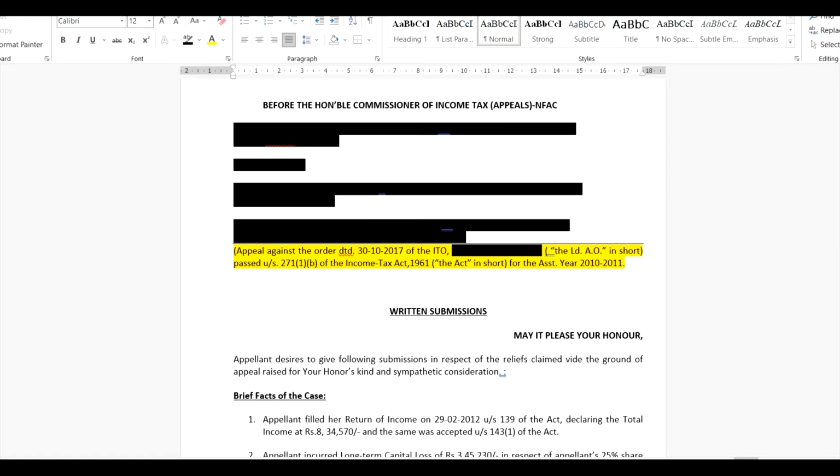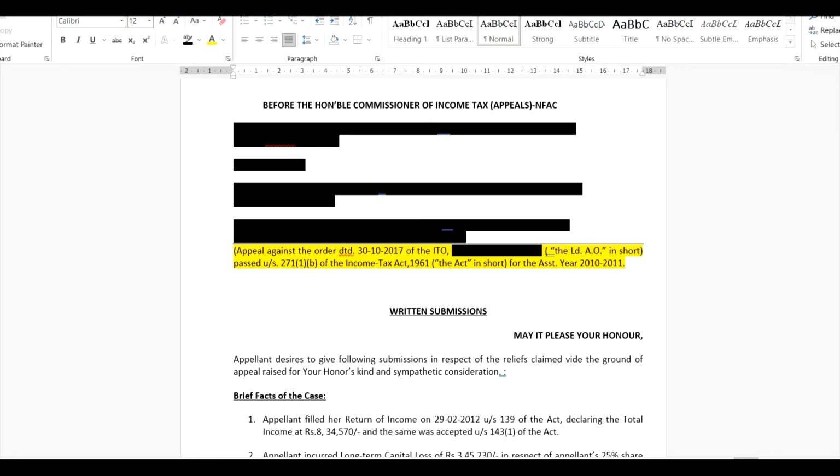So basically this penalty is levied when the assessee fails to furnish the details called for via notices issued under section 142(1) during the assessment proceedings. The penalty is straightaway levied at the rate of 10,000 for each failure. From AY 2017-18 onwards, this penalty is replaced by section 272A(1)(d). The quantum is the same, 10,000 for each failure.